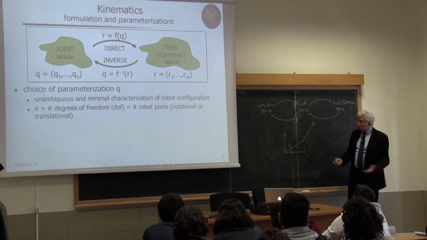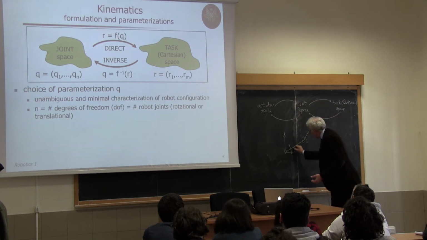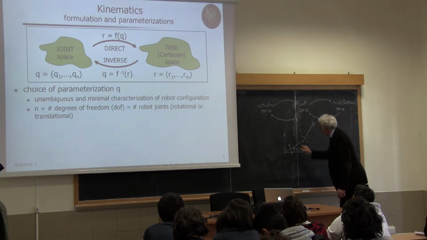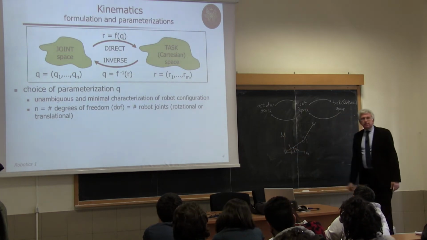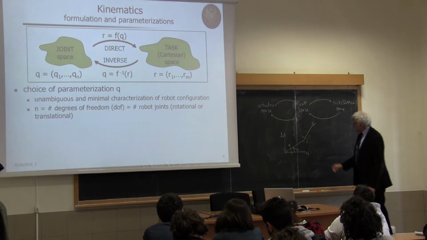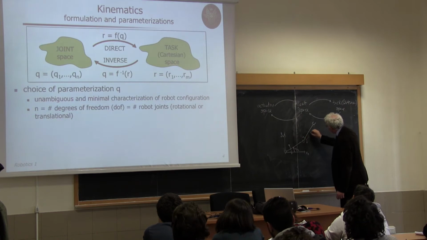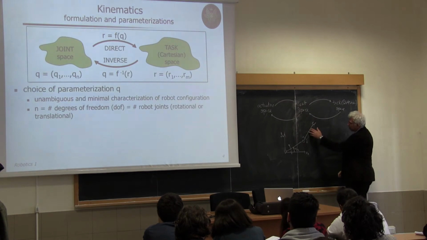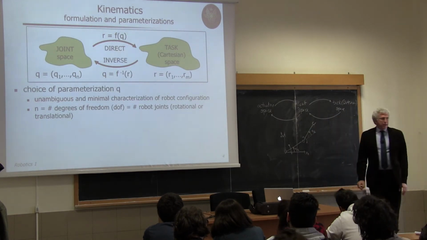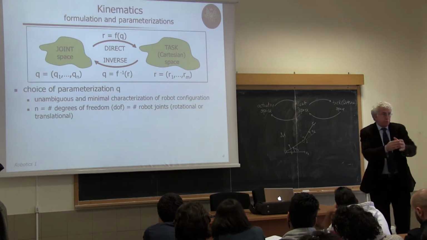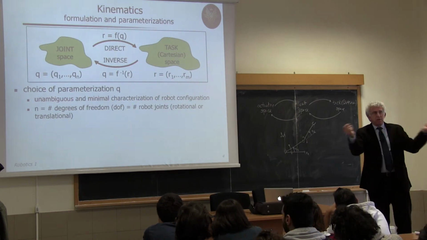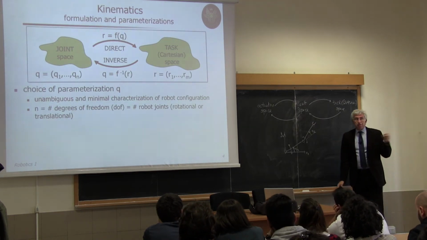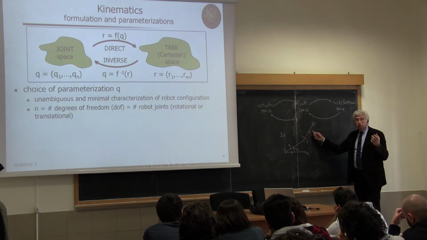How do I define these variables? Well, let's call this q1, the angle with respect to the x0 axis of some reference frame, and let's use this angle, q2, which is the angle of the second link with respect to the line. It's a pure geometric line. The robot will have some physical dimension, but we now take just the kinematic skeleton. We don't need more for describing kinematics, just skeletons. So this angle will be the second variable.